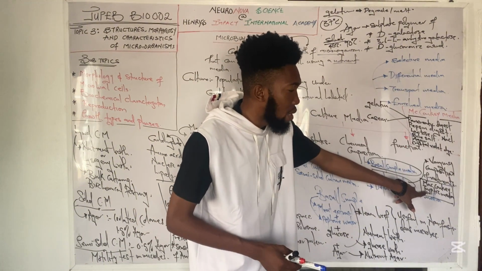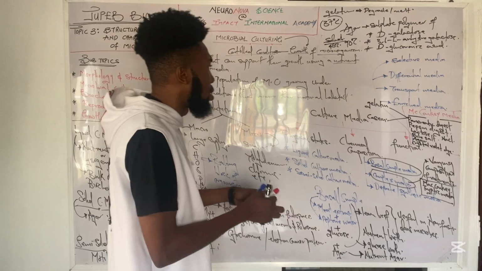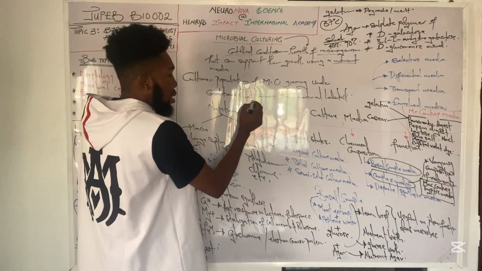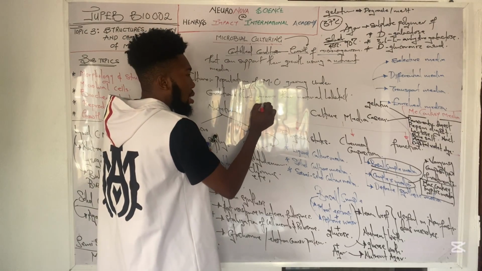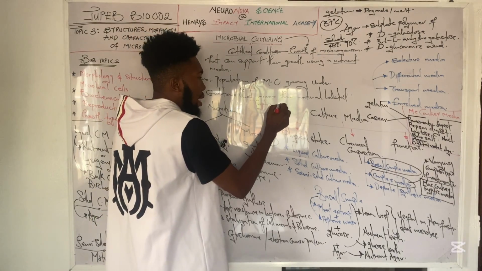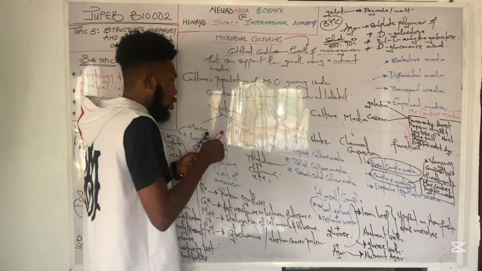You find glucose in tryptic media. Tryptic media basically just contains, let me write it here, your tryptic media, sometimes you see some people call it broth.